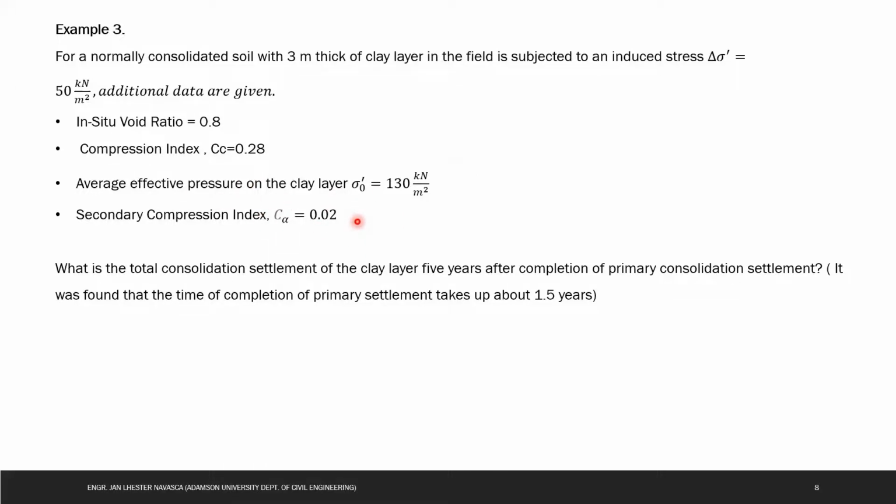The problem is, what is the total consolidation settlement of the clay layer 5 years after the completion of primary consolidation settlement? It was found that the completion of the primary settlement takes about 1.5 years.